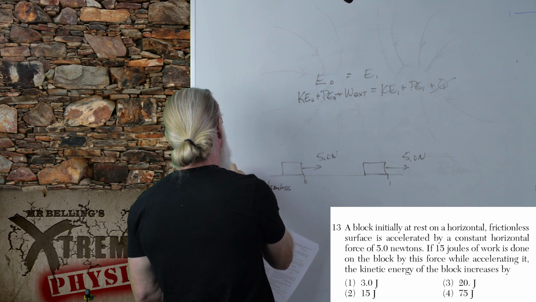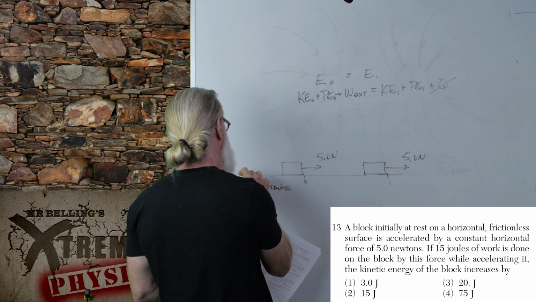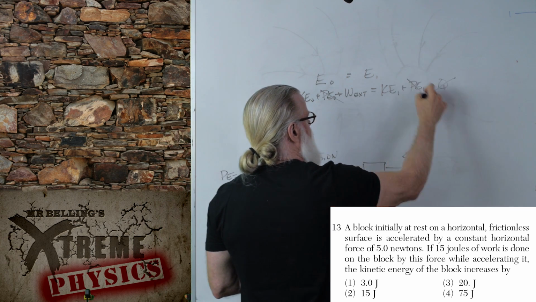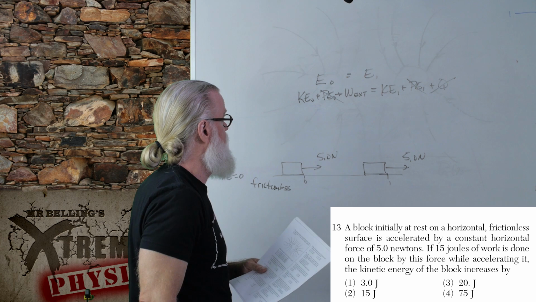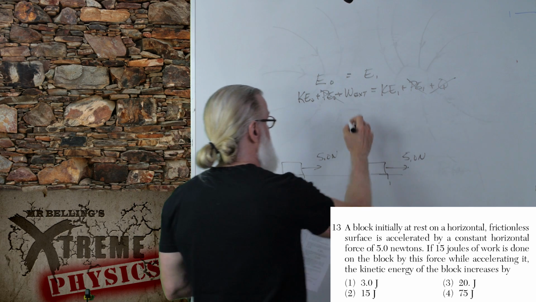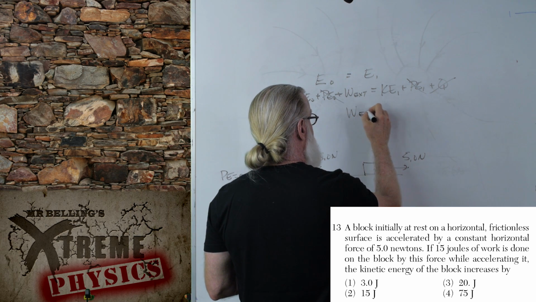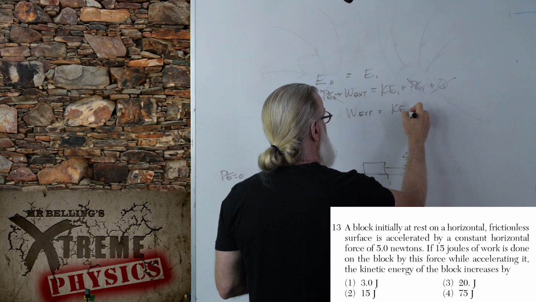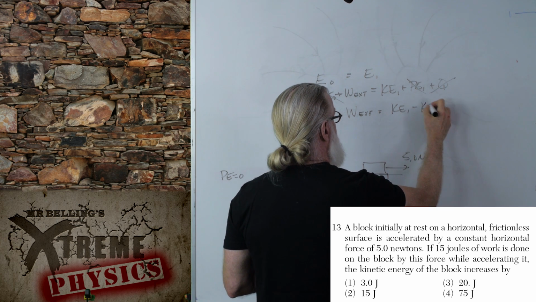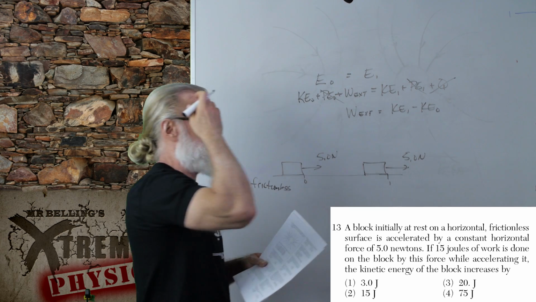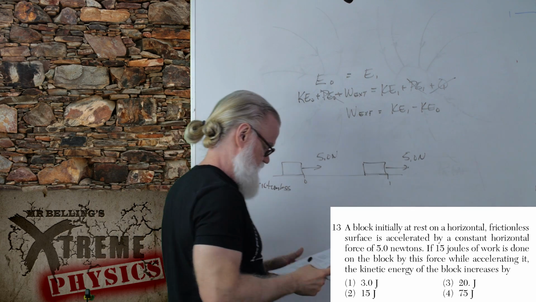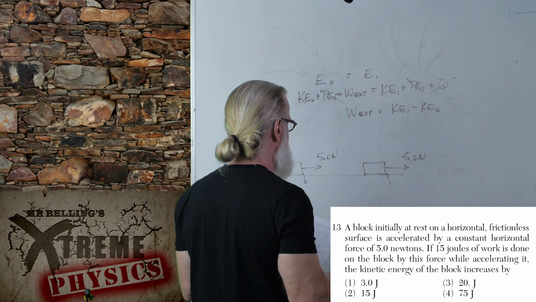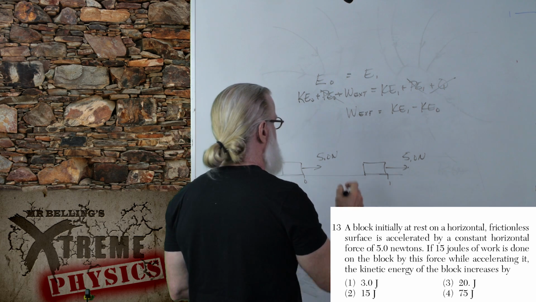I'm going to say the potential energy is 0 on ground level. It stays at 0. There's no change in height. So our potential energies go away. So it looks like the work done is going to equal the kinetic energy at 1 minus the kinetic energy at 0. So the work changes the kinetic energy. They said 15 joules of work was done.